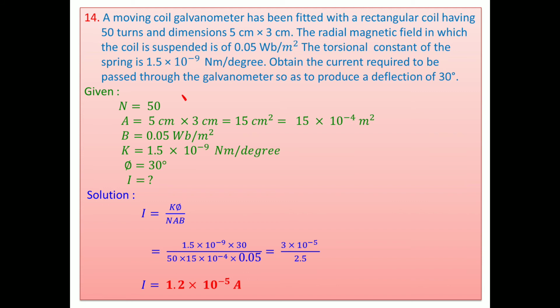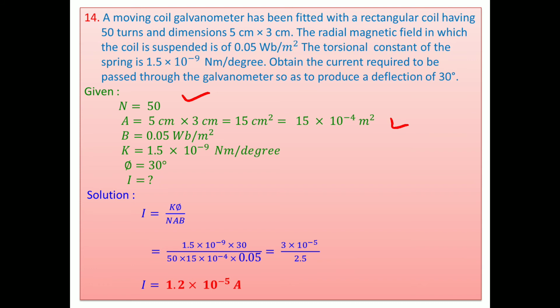Number of turns is given, 50. Area of the coil is 5 centimeter into 3 centimeter, meaning 15 square centimeter, meaning 15 into 10 raised to minus 4 square meter. Magnetic induction is given, 0.05 Weber per meter square. Torsional constant is given, 1.5 into 10 raised to minus 9 Newton meter per degree. Phi is given, 30 degree. I to be calculated.